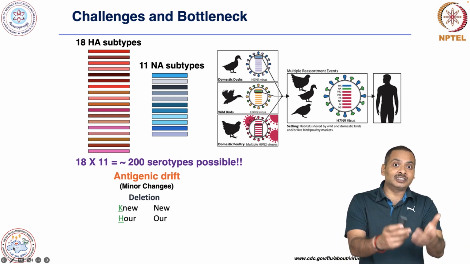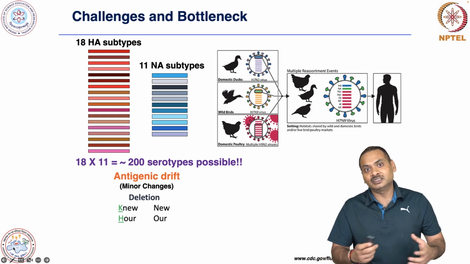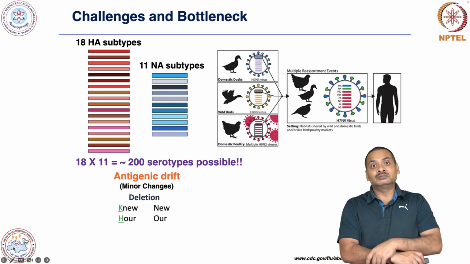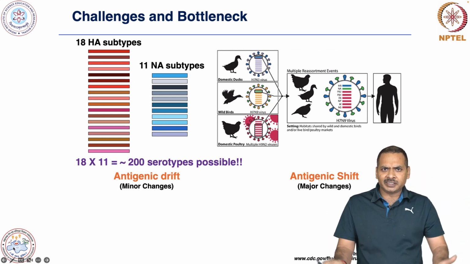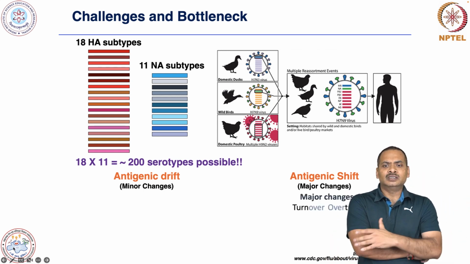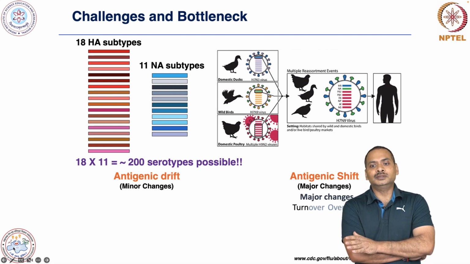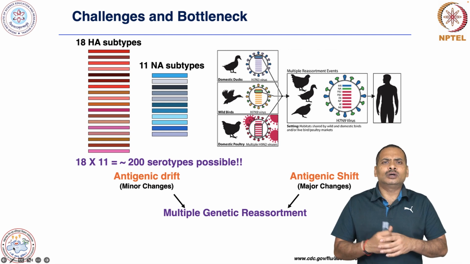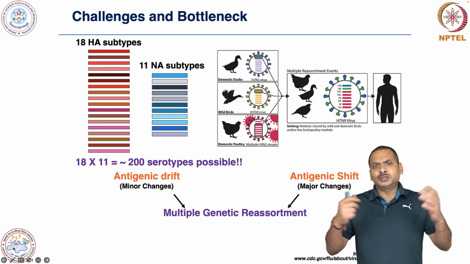Similarly, these small changes can change the polypeptide in the viruses, and that can create a highly pathogenic influenza virus. There could be a major change, like turnover can change to overturn. And all these changes can also happen at a much bigger level.